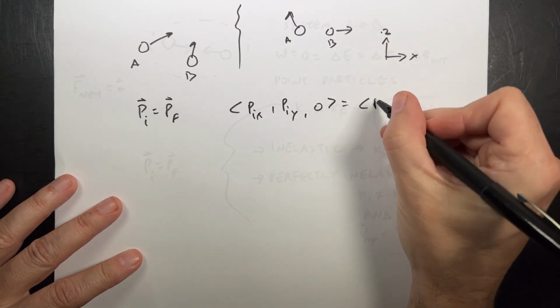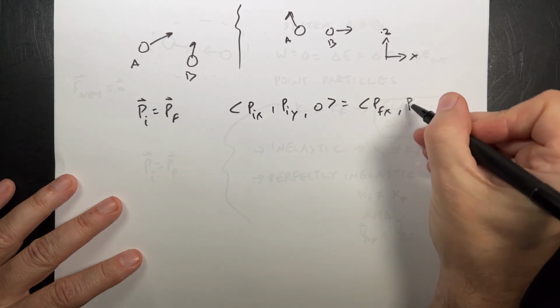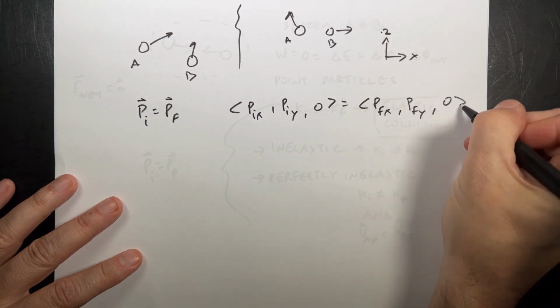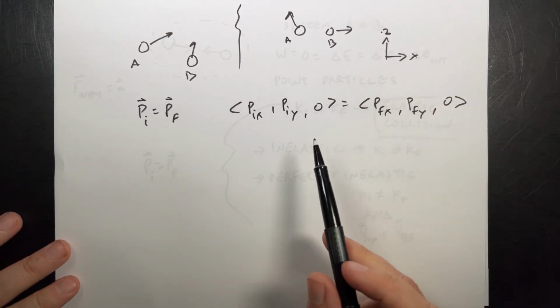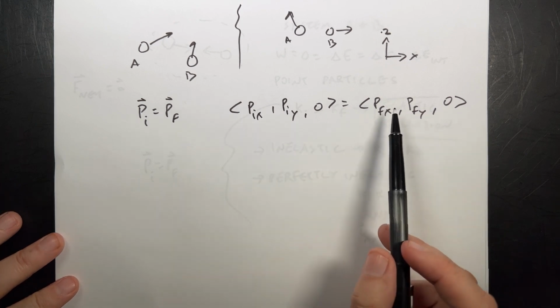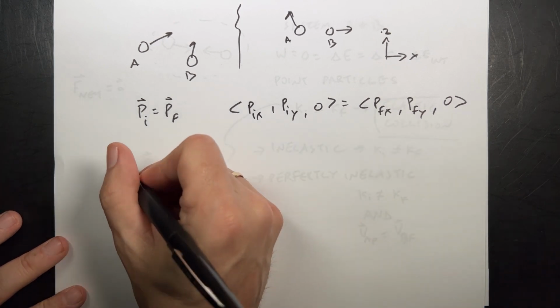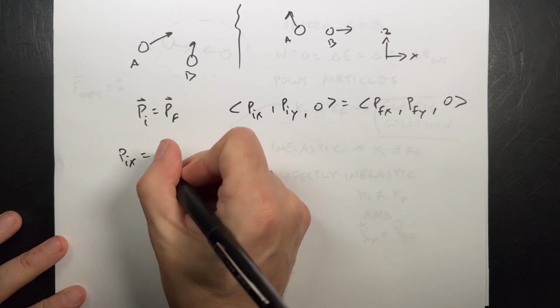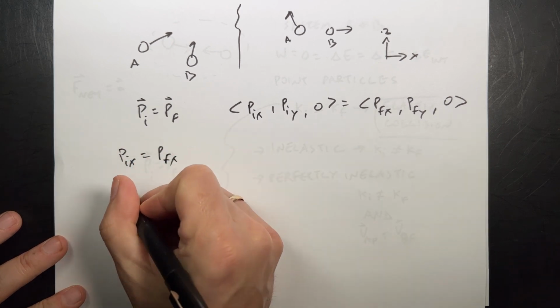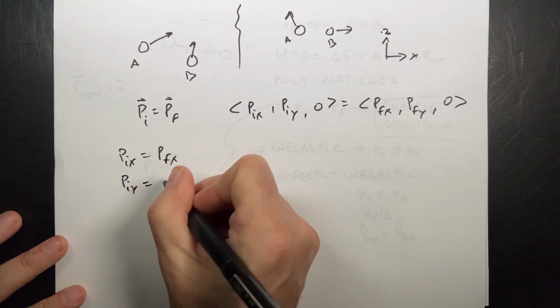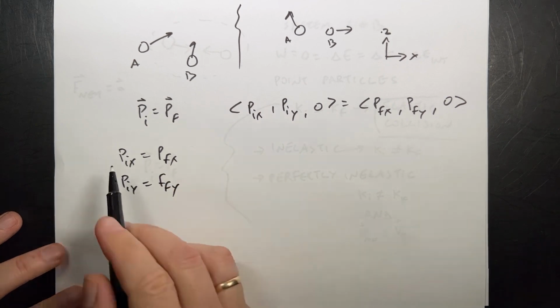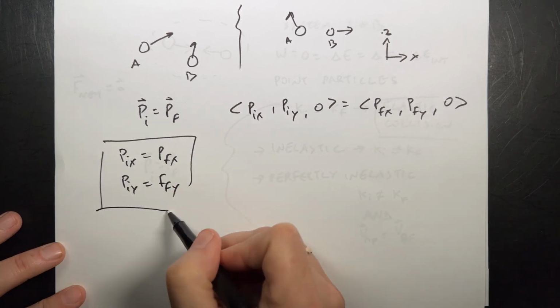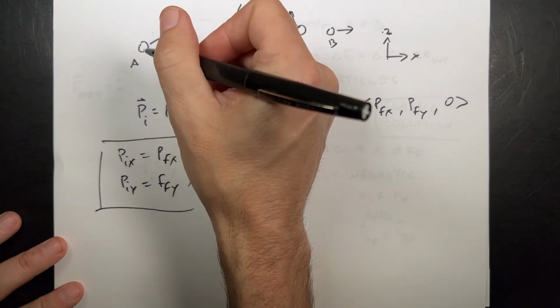It's going to be equal to P final X, P final Y, 0. If the vectors are equal, then the components have to be equal. So I can say the initial momentum in the X direction is the final momentum in the X direction. The initial momentum in the Y direction is the final momentum in the Y direction. And these are 2 scalar equations, and that makes it a little bit more useful.